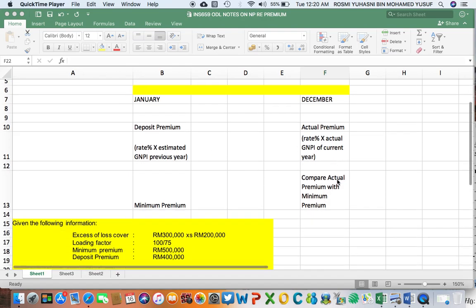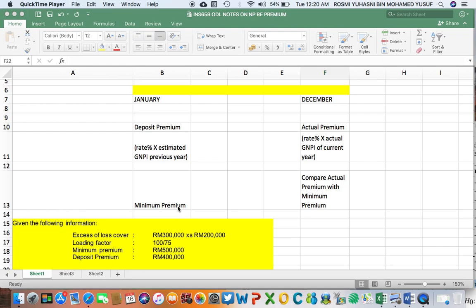At the end of the year, the reinsurer will compare the actual premium with the minimum premium. If the actual premium is more than the minimum premium, the insurer will have to add more premium.